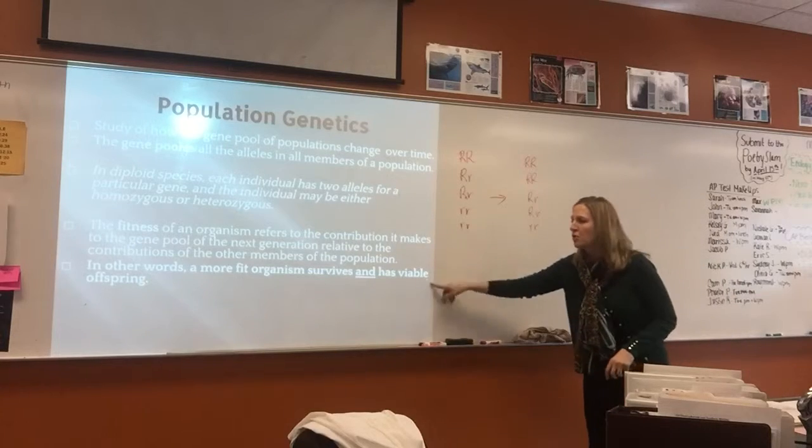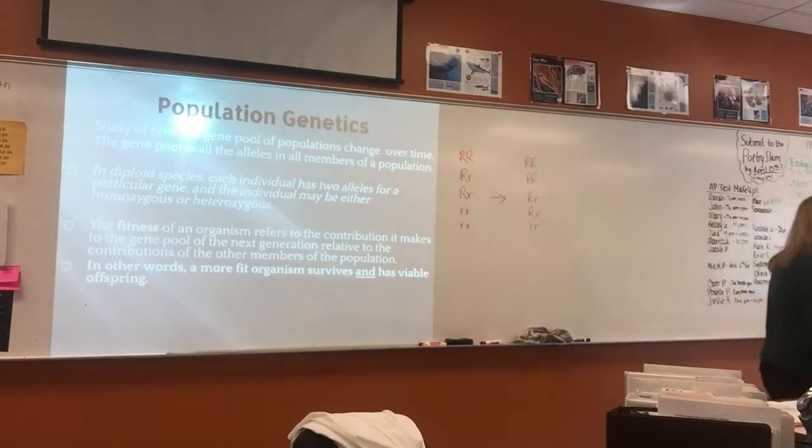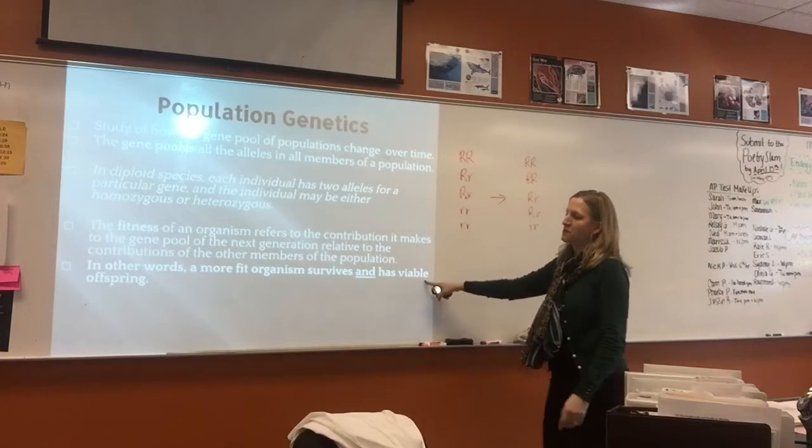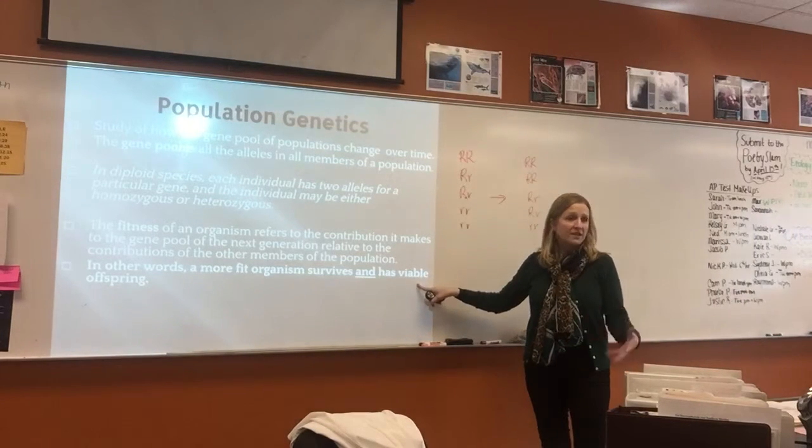In other words, a more fit organism survives and has viable offspring. Viable means they thrive, they're living offspring. It's not going to be helpful if you have offspring that are weak in some manner and are going to die.